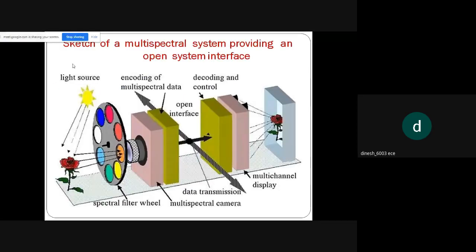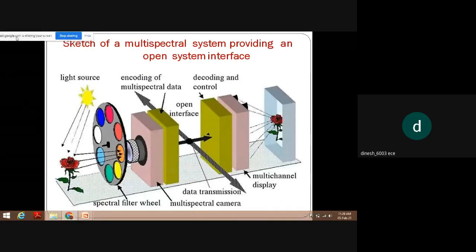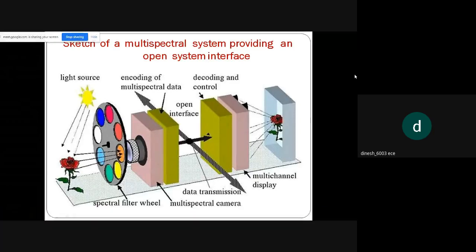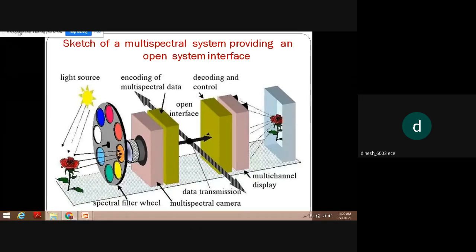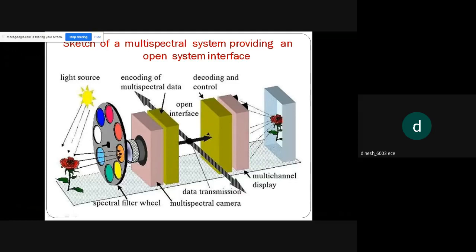So this is the sketch of a multispectral system providing an open system interface. So how it occurs. The light source, on this the sun's radiation falls, it is being captured by any of these 7 spectrals, which we call a spectral filter wheel. So it filters, so that information is given to the data transmission through multispectral cameras.